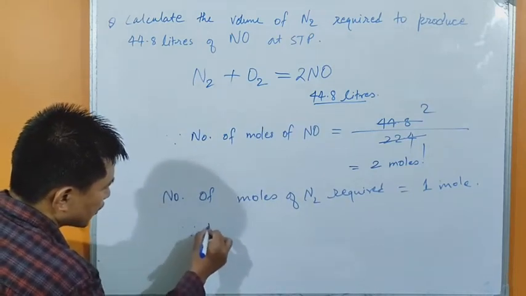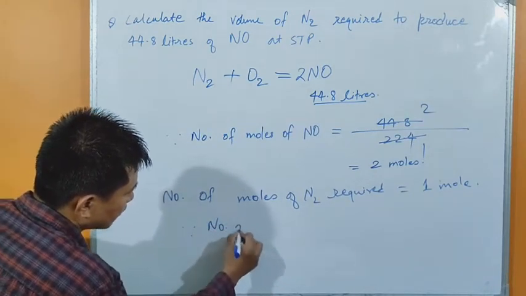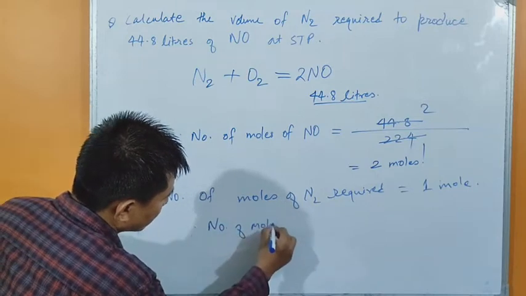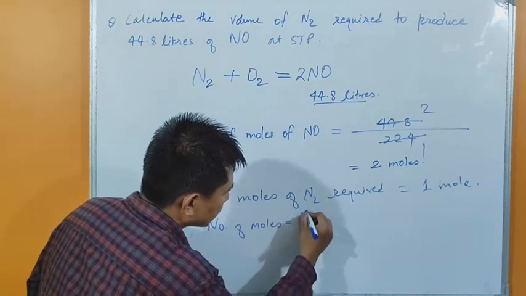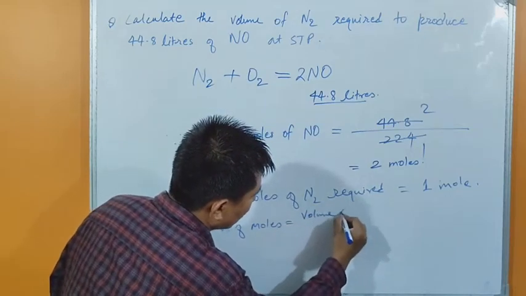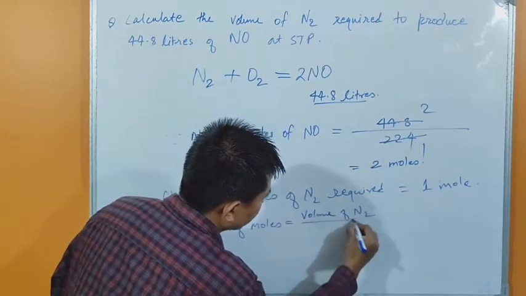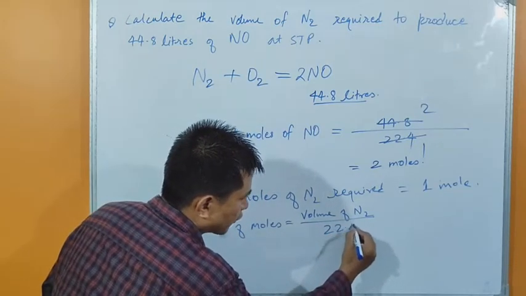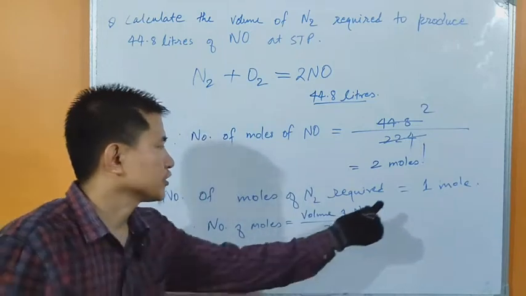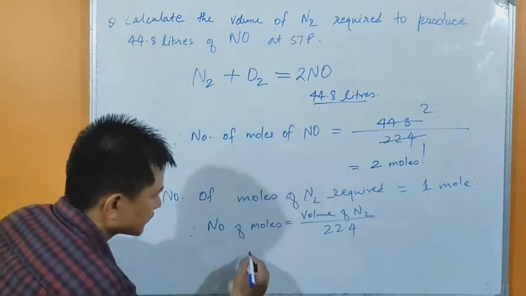Since the number of moles is equal to the volume given, volume of N2 divided by its molar volume. Molar volume is how much? 22.4 liters. The number of moles, how much did we get? 1.